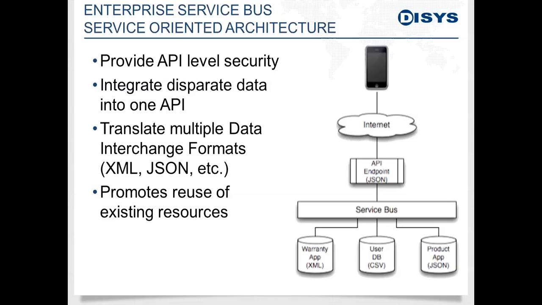And then there's a product database that actually lists like part numbers as well as complementary or supplementary parts for that warranty piece. And these three systems don't talk to each other. Of course, they don't share a common API. So the service bus layer actually knows what APIs to call for each of the individual tools, and then collects that information, assembles it into a new API, and then transmits that back to the mobile device.